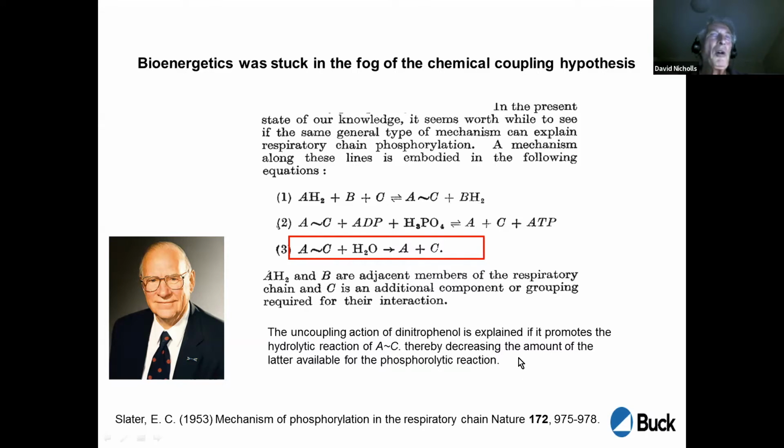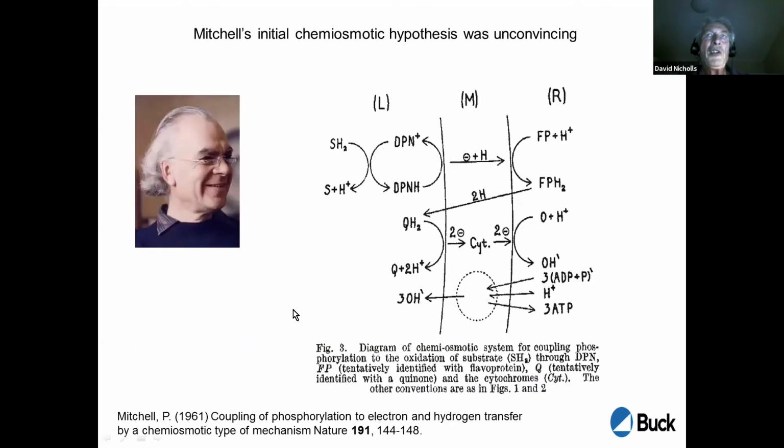Now you might say, well, Mitchell had been around for ages, so why doesn't one simply read Peter Mitchell's ideas? And the problem is, this is the form in which it was presented in the 1960s: extremely difficult to understand. Peter was brilliant, but he made no concessions to normal mortals with normal intelligence in terms of his hypotheses.